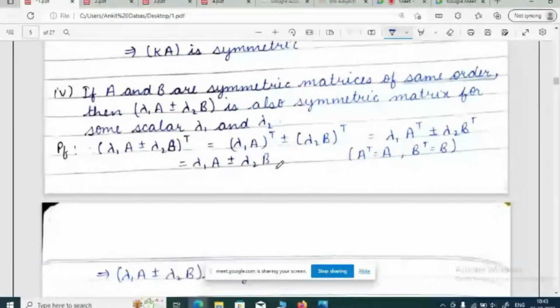If we have A and B as two symmetric matrices of the same order, we considered the same order here because we are taking addition and subtraction of matrices, and that is possible only if they have the same order. And we are multiplying both these matrices by some scalars. So we can say a linear combination of symmetric matrices will also be a symmetric matrix.